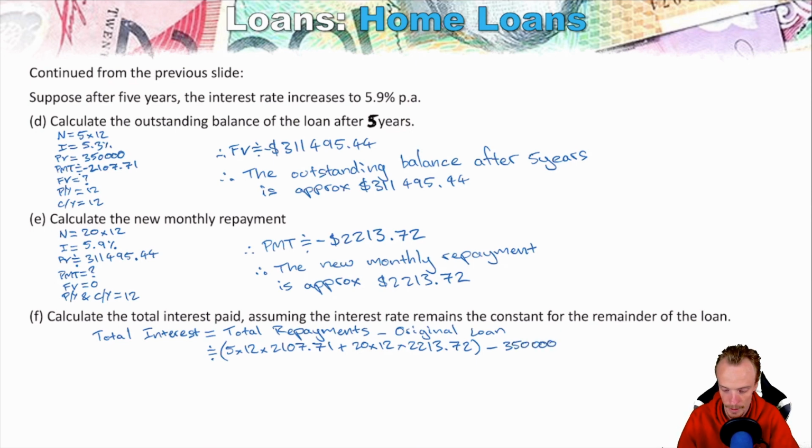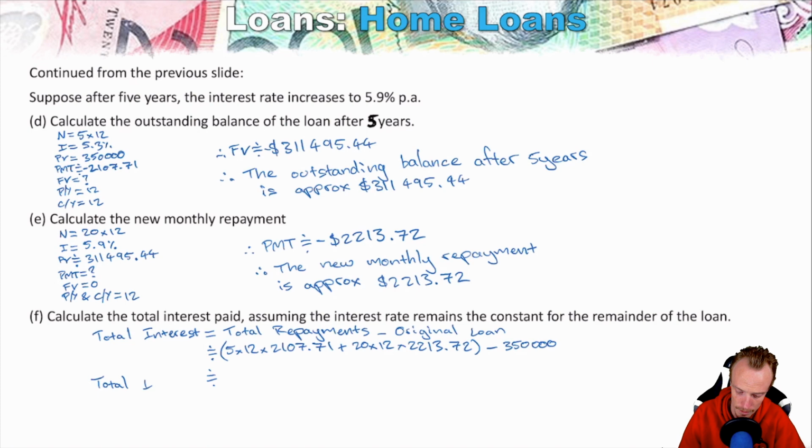and plug this now into our calculator. And we can work out what that exactly was. So 5 by 12 by 2107.71 plus 20 by 12 by 2213.72. I always say take care when you're putting this into your calculator. Especially as it grows in complexity, because it's very easy to make an error.